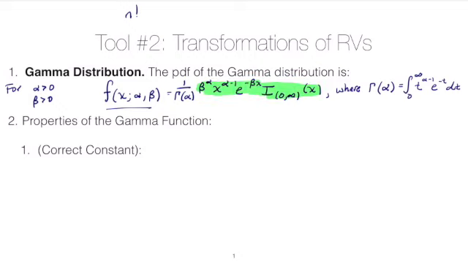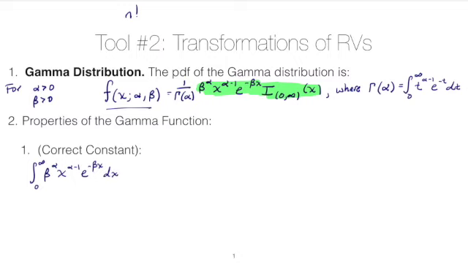So to show that 1 over gamma of alpha is the correct constant, we'll need to take the integral from 0 to infinity of beta to the alpha x to the alpha minus 1 e to the minus beta x dx, which is the green highlighted part just above.